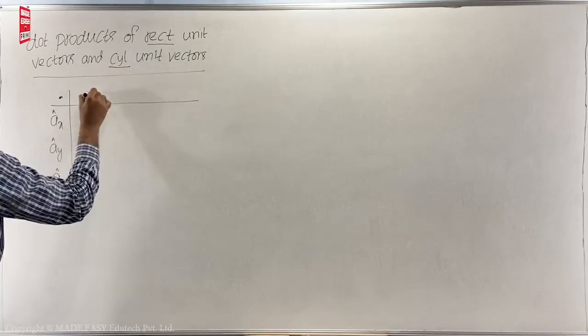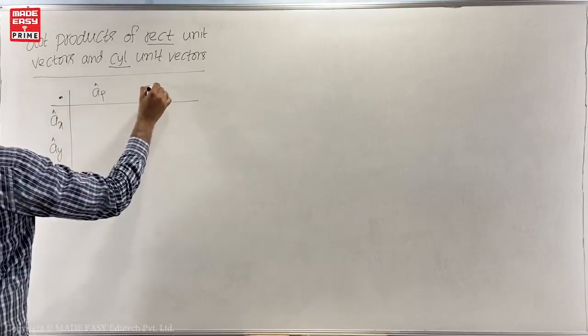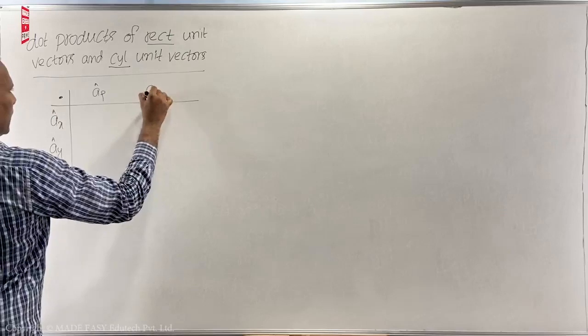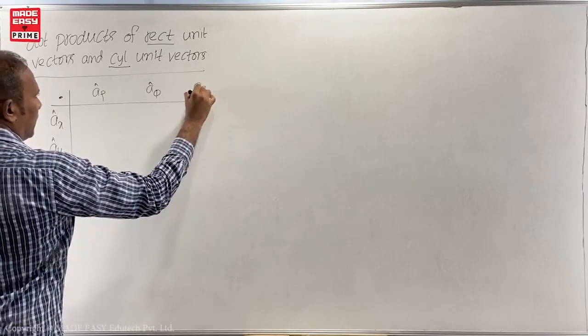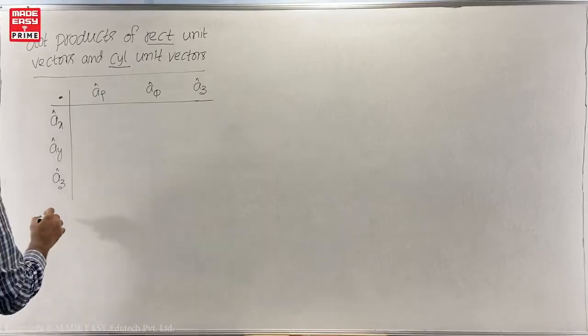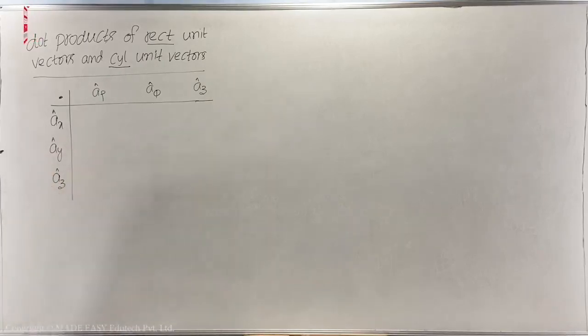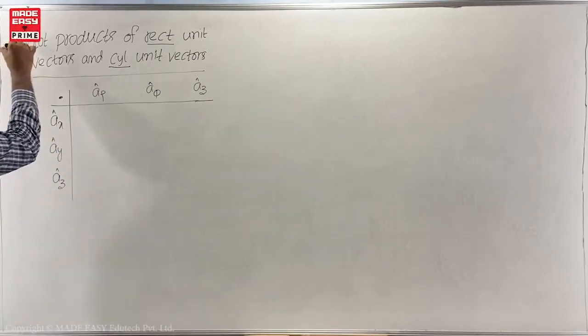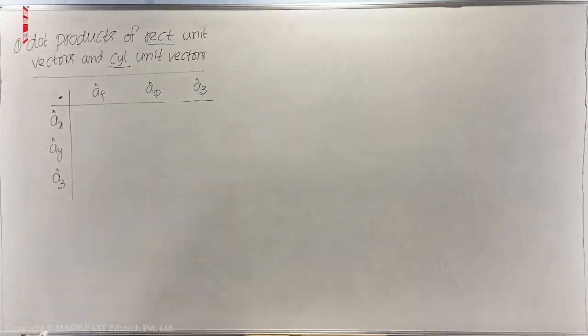Now here we want to write the cylindrical system unit vectors: a rho cap, a phi cap, az cap, my dear friends. This is the first table, and we will be writing the second and third tables.